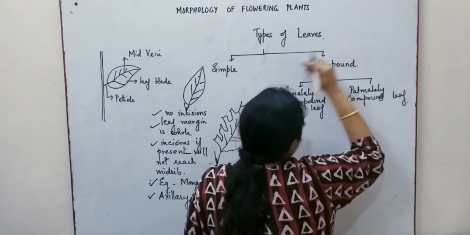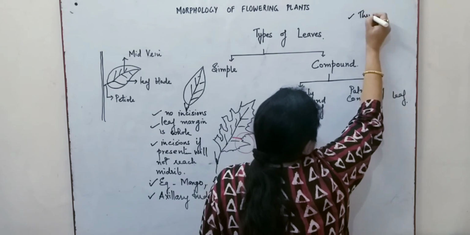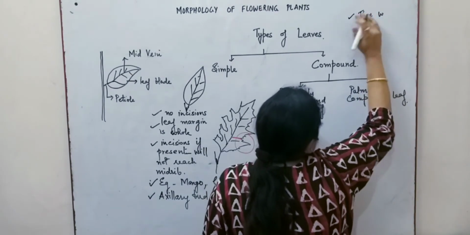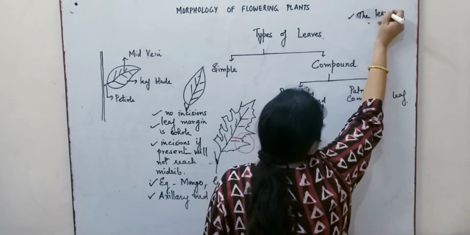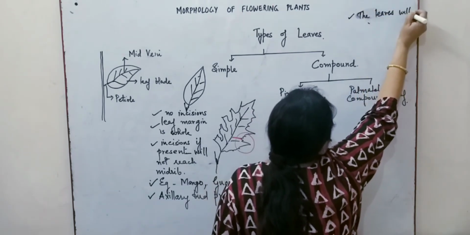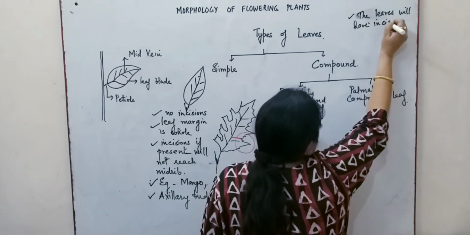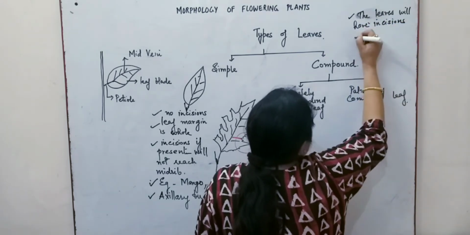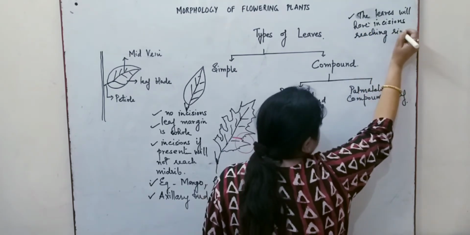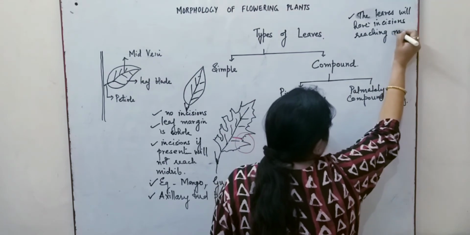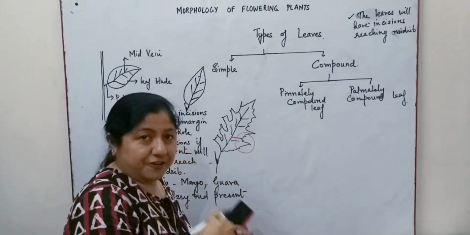So one of the major differences is that the leaves will have incisions reaching the midrib, and when they reach the midrib, it divides the leaf further.